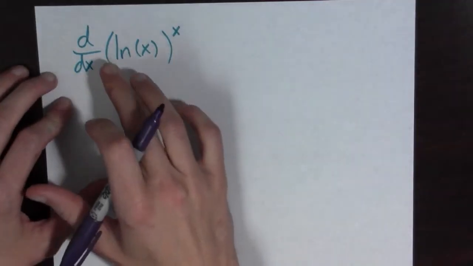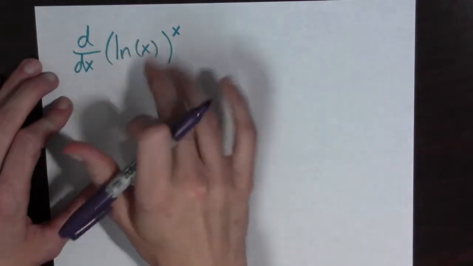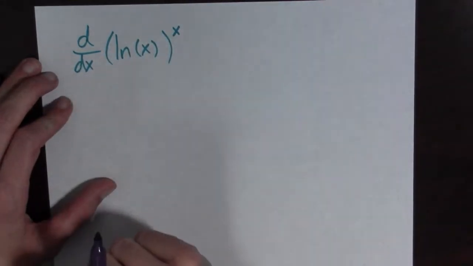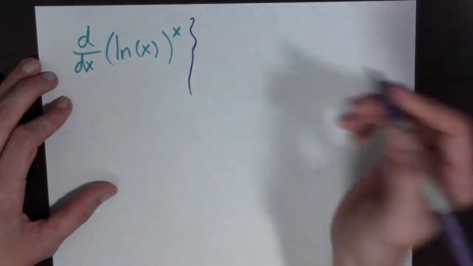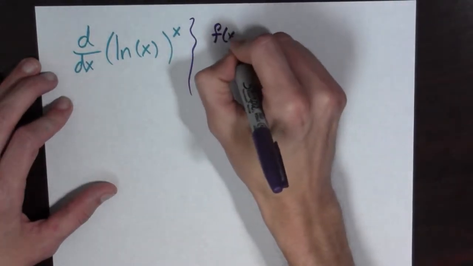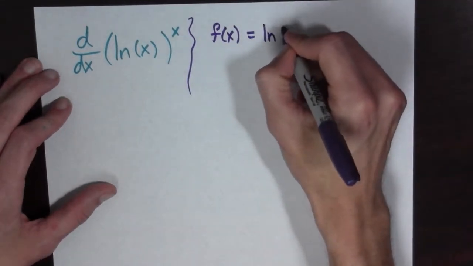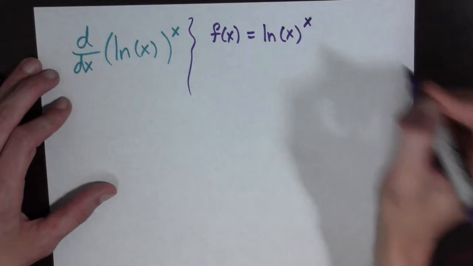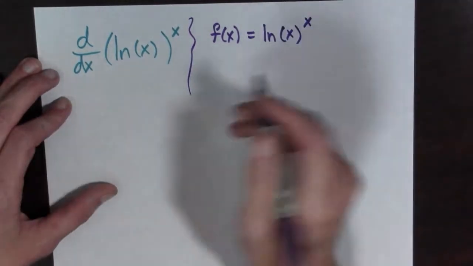Final example. So now I want to take the derivative with respect to x of natural log of x all raised to the power x. Again, I'm going to use logarithmic differentiation. So I'm going to say f of x is equal to natural log of x all raised to the x power. And so now I'm going to take the natural log of both sides.